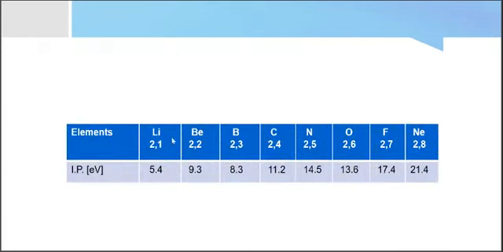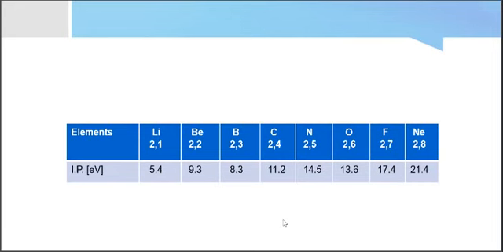So this is the example. See, when we are moving from left to right, we see that the ionization potential is increasing, and it is increasing because the atomic number is increasing. Atomic number increases, nuclear charge increases, and when nuclear charge increases, the atomic size decreases.